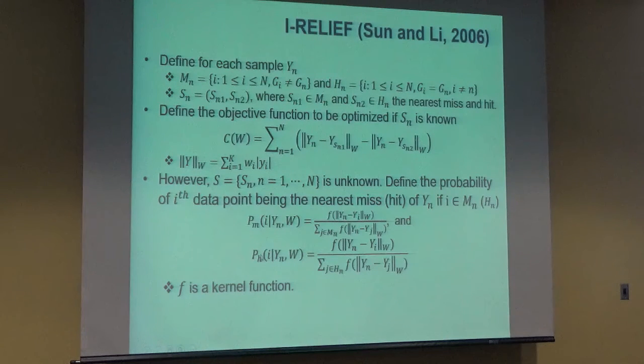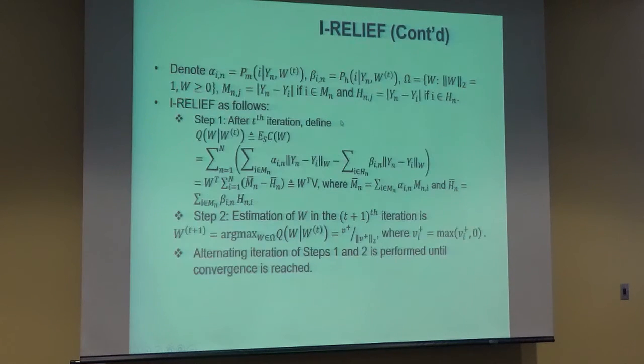So what is the chance that you belong to this group, what is the chance that you belong to that group? Based on those two, you calculate these two probabilities, and f is a kernel function. It's just like you have some kind of a density function you can use. Then based on these two probabilities you classify. I won't go into much detail on this one because you may not be interested. If you are interested, we have more about this technique in our paper.